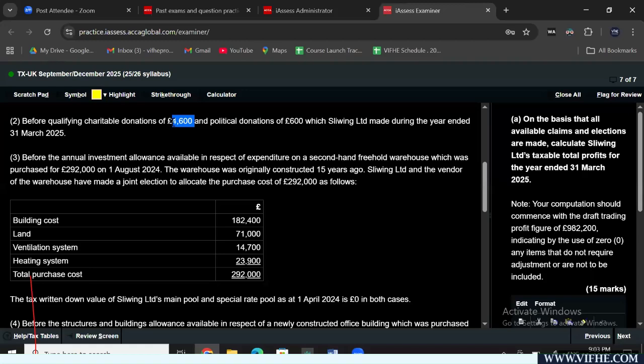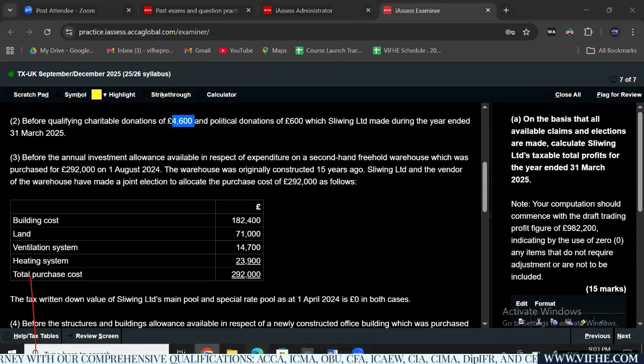Rather, they are going to be deducted against the total profit figure. I hope you remember how companies calculate their corporation tax format, where they have to make a total profit pro forma against which this £4600, being the qualifying charitable donation, is going to be deducted, and no such treatment shall have to be made against the trading profit figure.